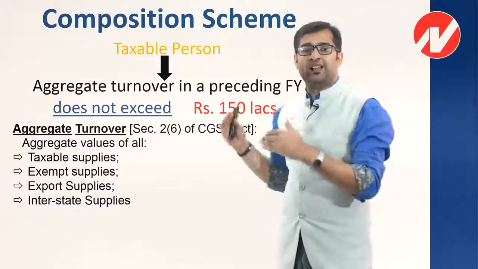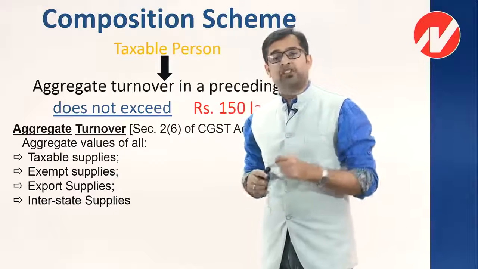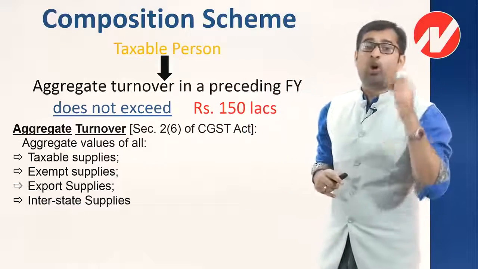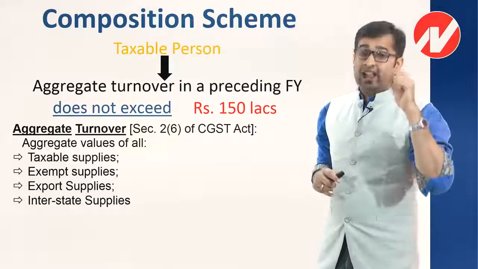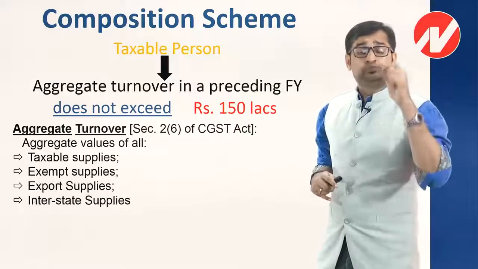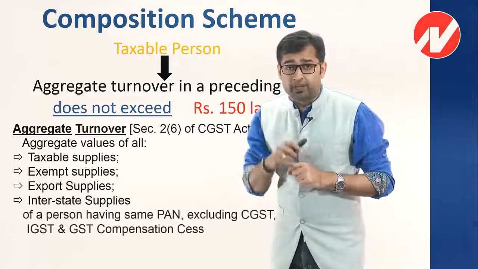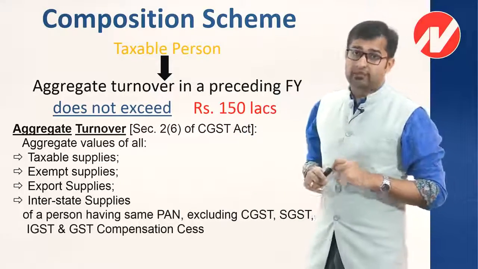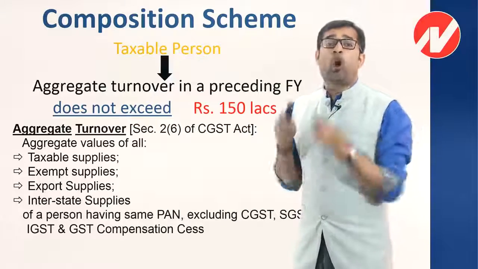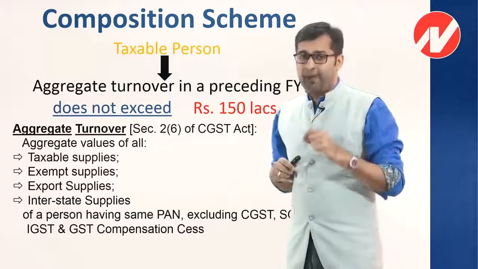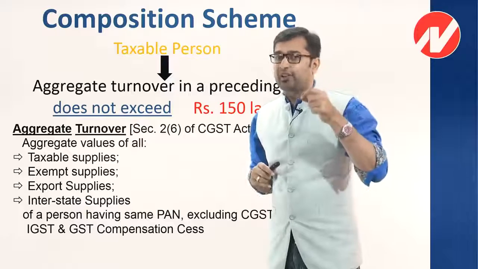तो उसका आंसर भी aggregate turnover की formula ही दे रही है, which says aggregate value of all taxable supplies, exempt supplies, export supplies, interstate supplies of a person having the same PAN. Now this is important. It says of a person having the same PAN. So one PAN has to be considered.